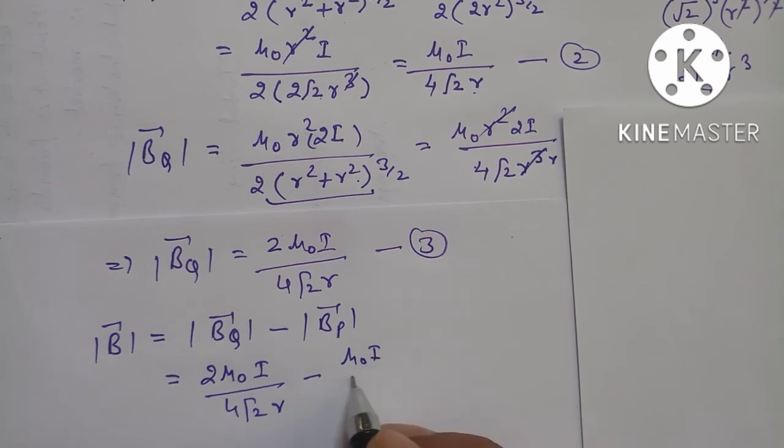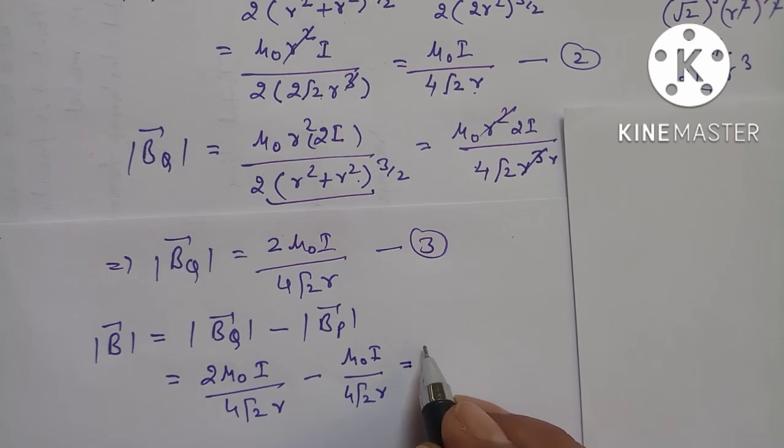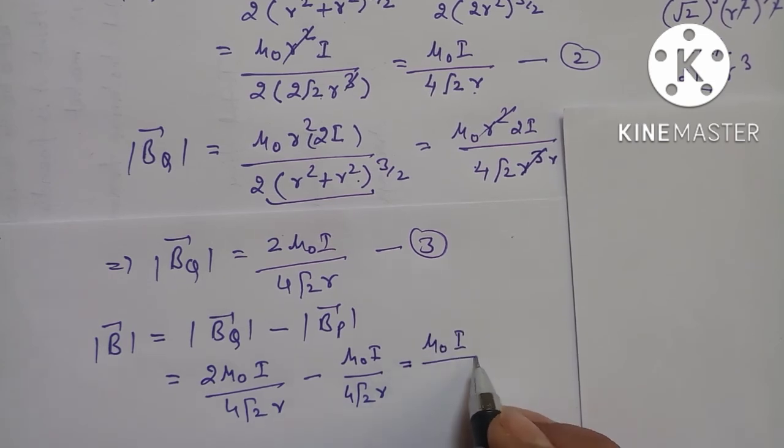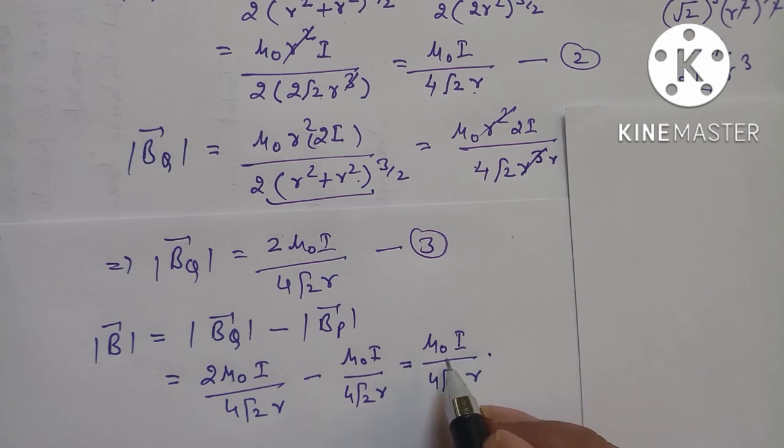This is equal to mu naught I over 4 root 2 r. So the net magnetic field at point O due to the two circular loops P and Q is mu naught I over 4 root 2 r.